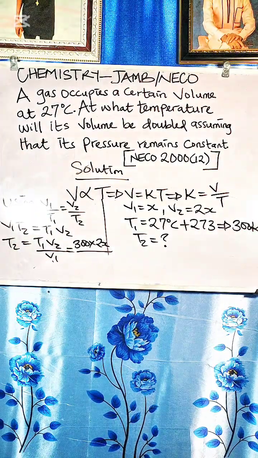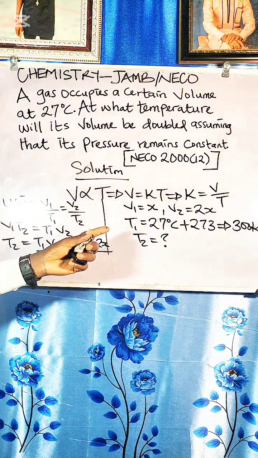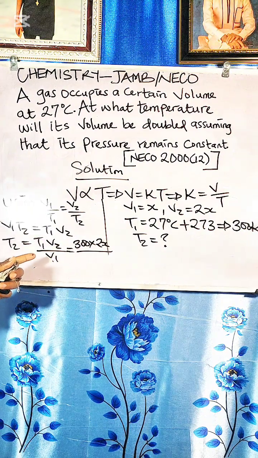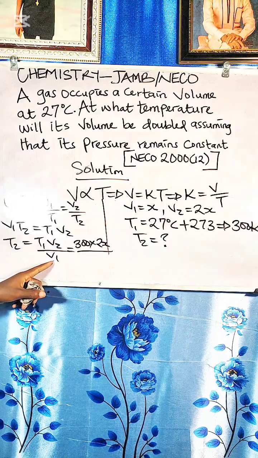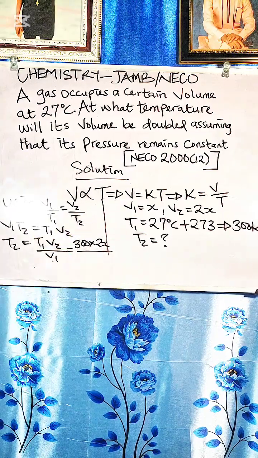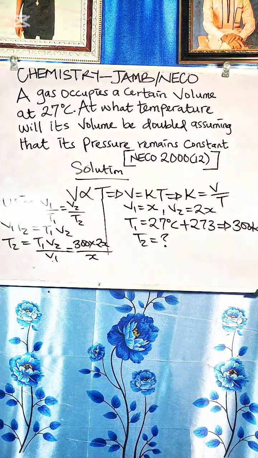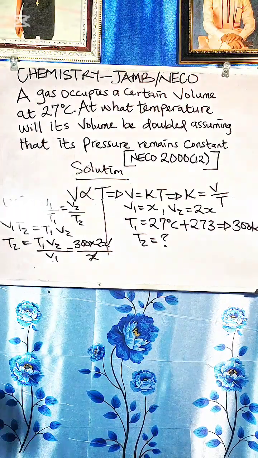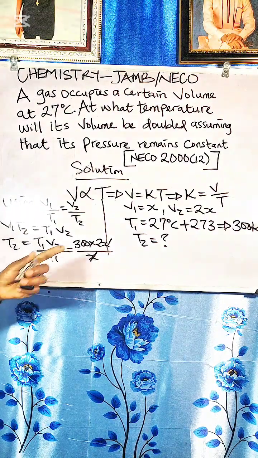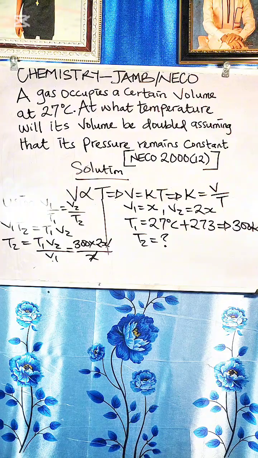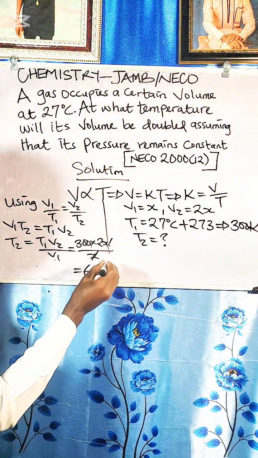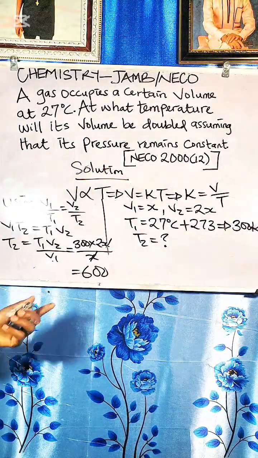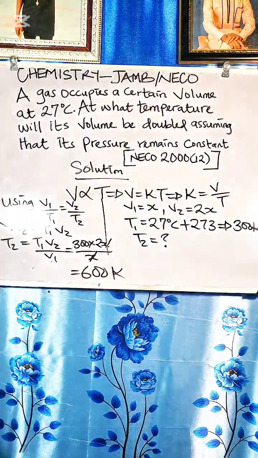And of course, we're dividing T1 V2 by V1, so our V1 is equal to X. So T2 mathematically is equal to 300 times 2X divided by X, okay? So this X will cancel this X. We're left with 300 multiplied by 2. And if we check it out, 300 multiplied by 2 is equal to 600. Okay, so our T2 is equal to 600 Kelvin. And that is the final answer.